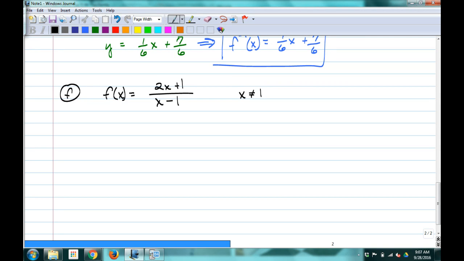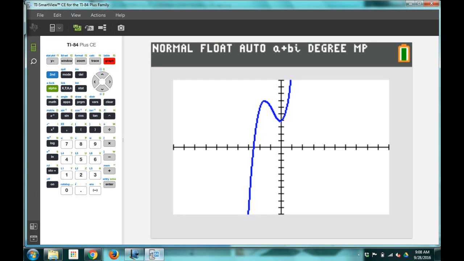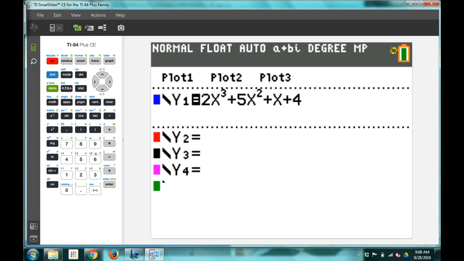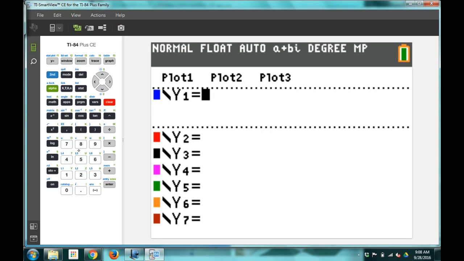Is that a one-to-one function? Graph it and decide. Two x plus 1 on top. X minus 1.